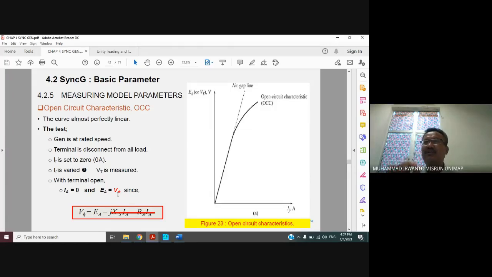Every change of the field current will produce a change in the value of internal generated voltage EA. Then you can draw one graph that indicates internal generated voltage versus field current. This graph we call the open circuit characteristic.